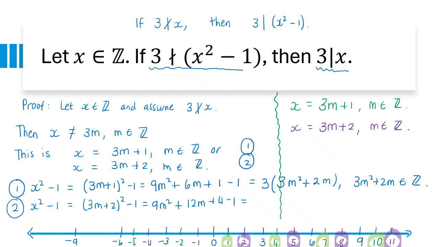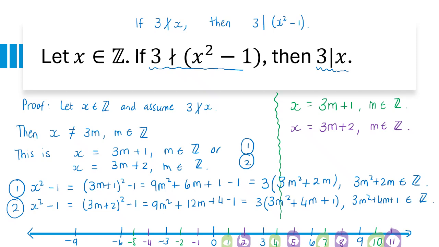Again, we end up with a common factor of 3. If we factorize it out, we get 3 times (3m squared plus 4m plus 1). And 3m squared plus 4m plus 1 is also an integer.